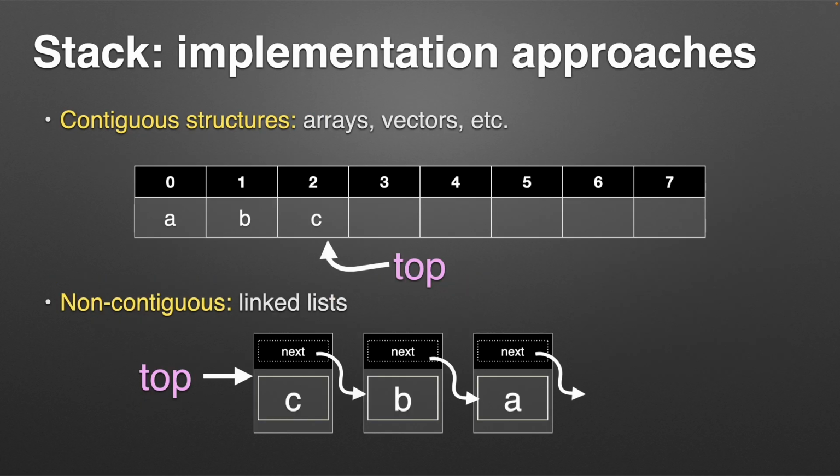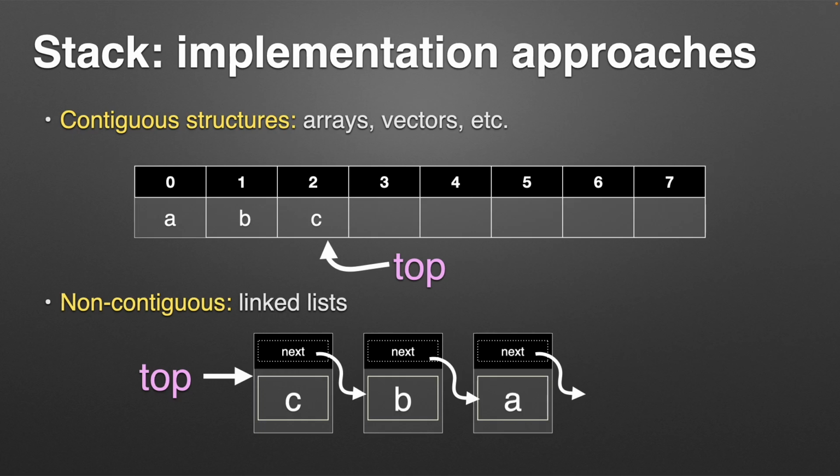So thinking about implementing a stack, there are as many ways as you want to implement it, because the only principle is that the last in is the first out, and however you want to do that, you can do it. Obviously, there are some pretty intuitive ways that are the most efficient.